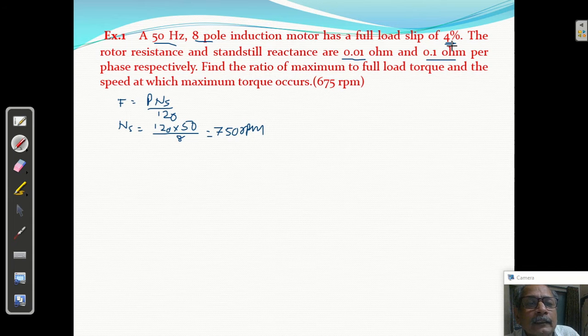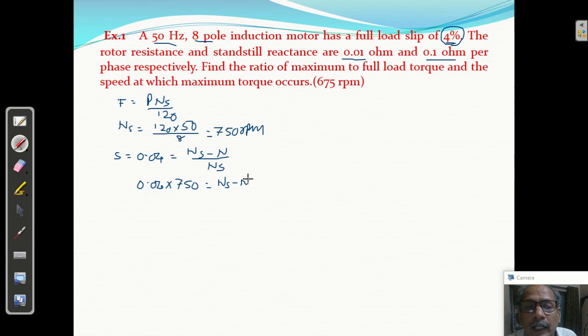Then I have been given the slip of 4%. S is given as 0.04. So S equal to Ns minus N upon Ns. From here we will calculate N. So 0.04 into Ns, which is 750 rpm, equal to Ns minus N. So it is 750 into 0.04, which is 30.